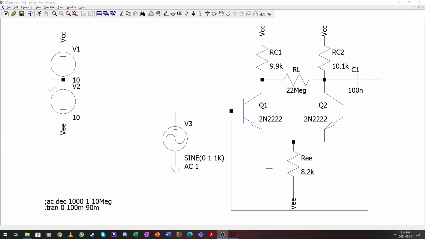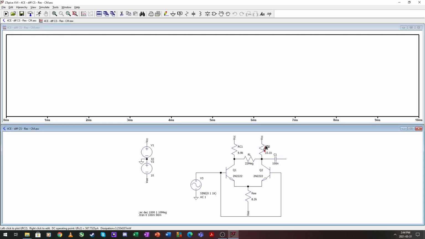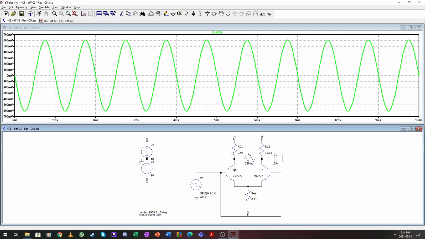Next is our common mode with a resistor bias. So if we take a look here, we have at 0.6 volts per volts again, same as the MOSFETs that we had for using a resistor here.